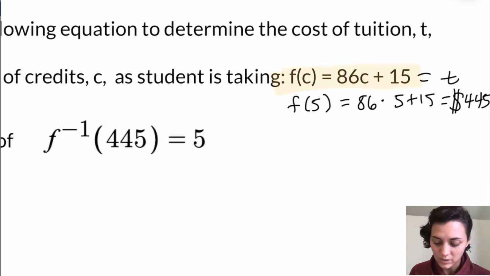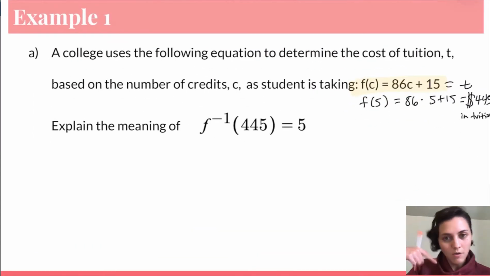And this is the tuition. Okay, so 5 credits means that a student will pay $445. So now I want you to think about this the other way. Now I want you to explain the meaning. If I take the inverse equation, so f inverse of 445 equals 5, what does that mean?